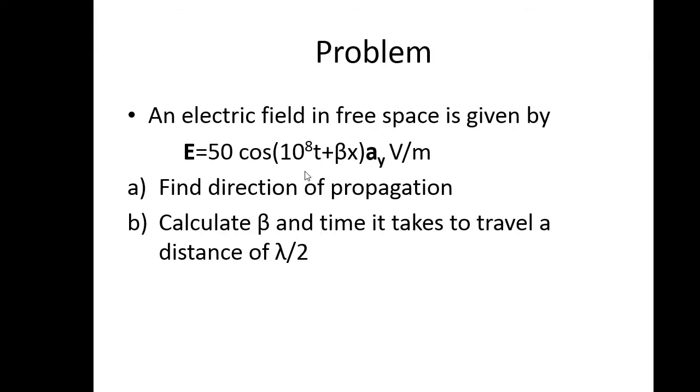Let's go through one problem. Here it is given that the electric field vector E is equal to 50 cos(10^8 t plus beta x).